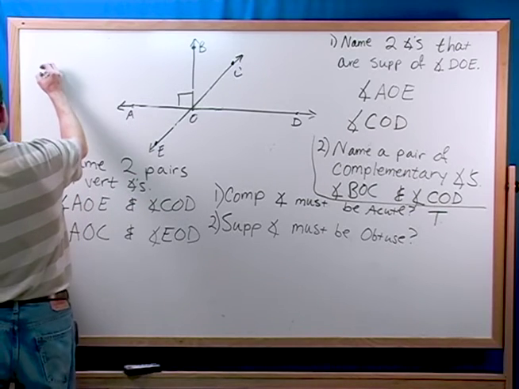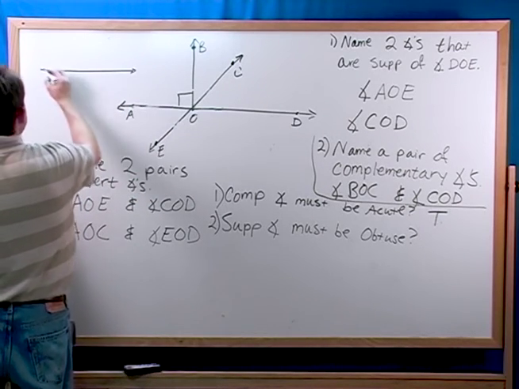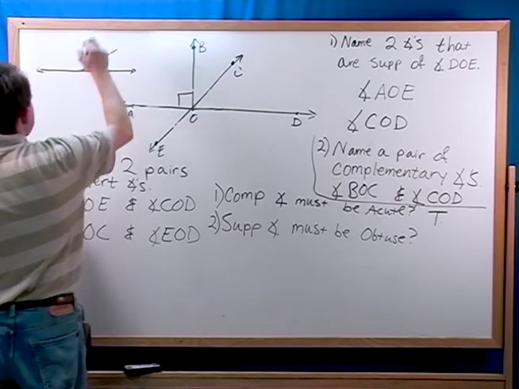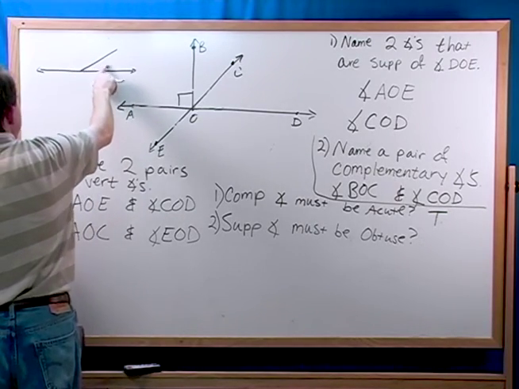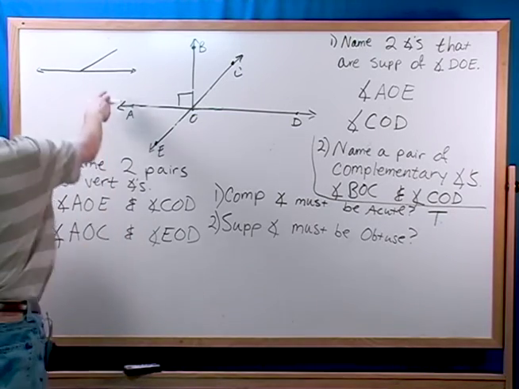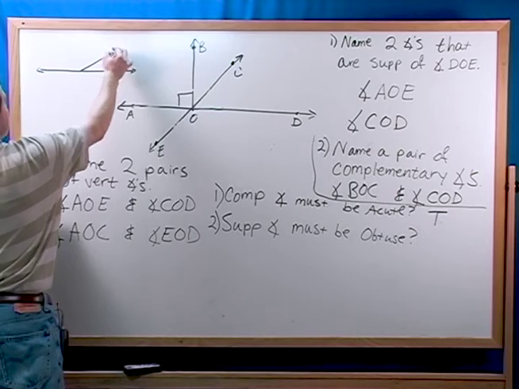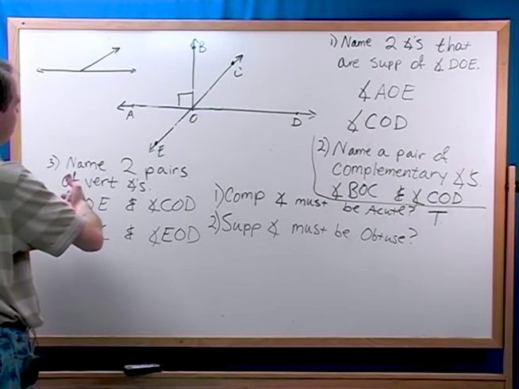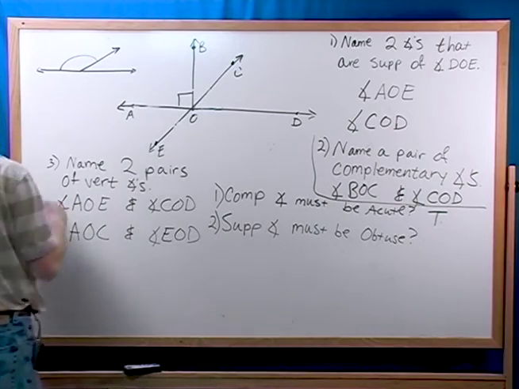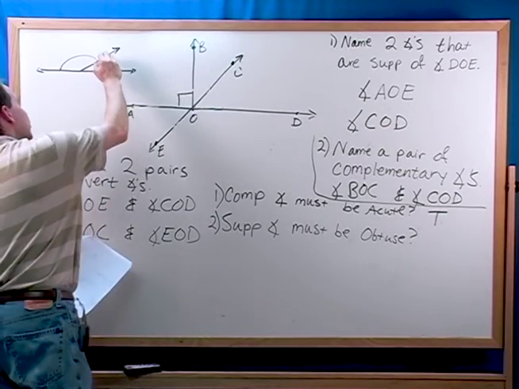Well, supplementary by definition means that they have to add to 180 degrees. So this is a straight angle, and if I split it, then I know that this angle and this angle are supplementary with one another because they add up to 180 degrees, right? But I can tell you by looking at this drawing that this angle is obtuse. Yeah, this one is because it's greater than 90 degrees, but this angle right here is not.